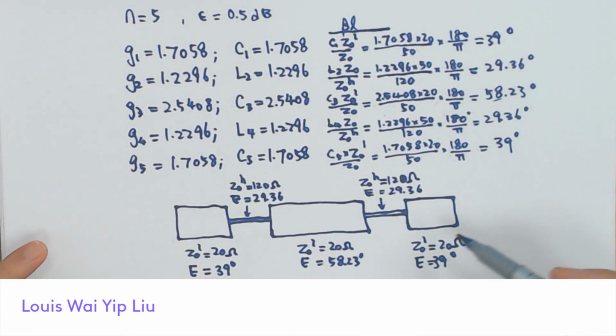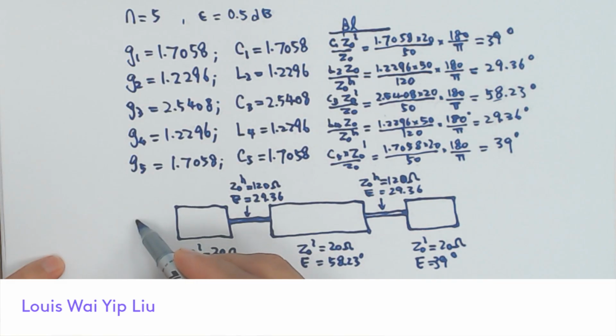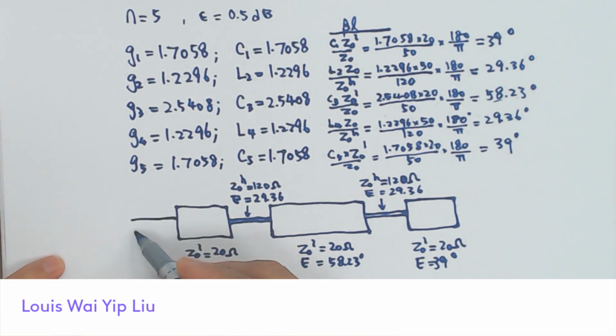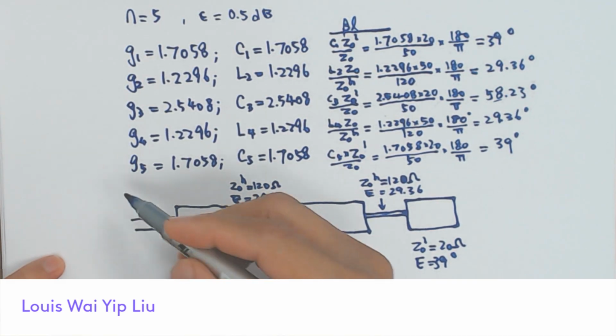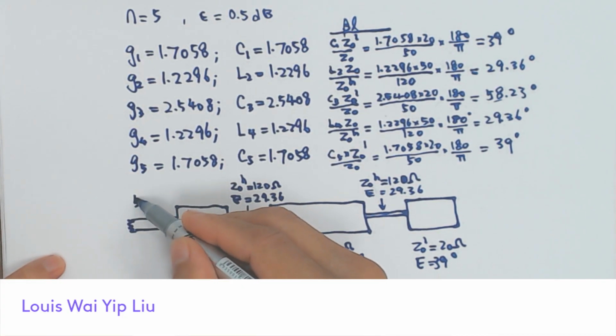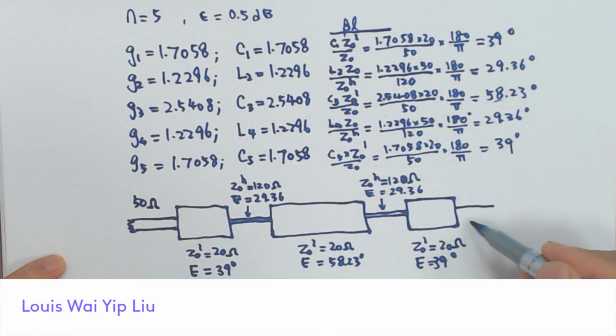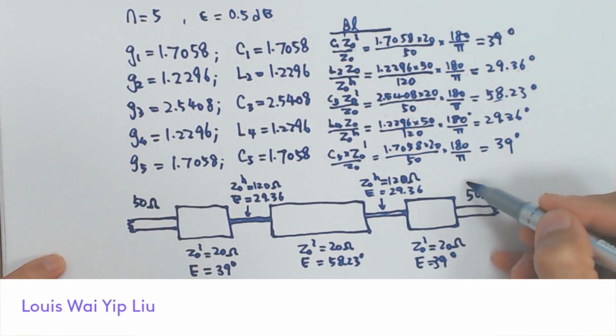And finally, the input and output ports should be based on the reference impedance. The reference impedance is 50 ohm. And similarly, here will be the same.